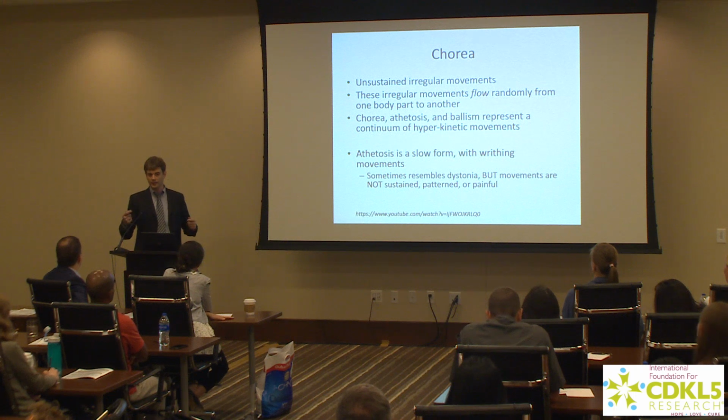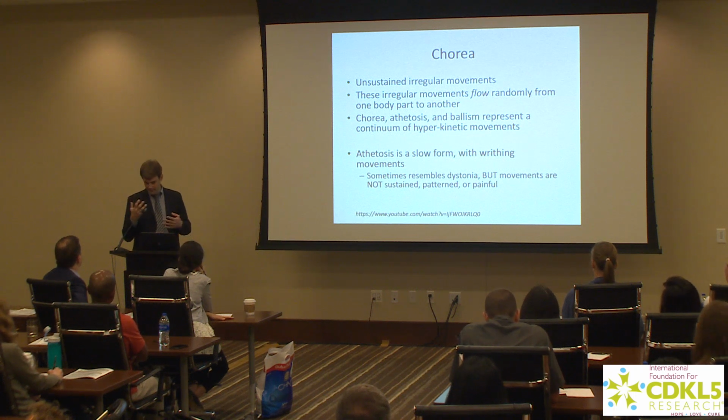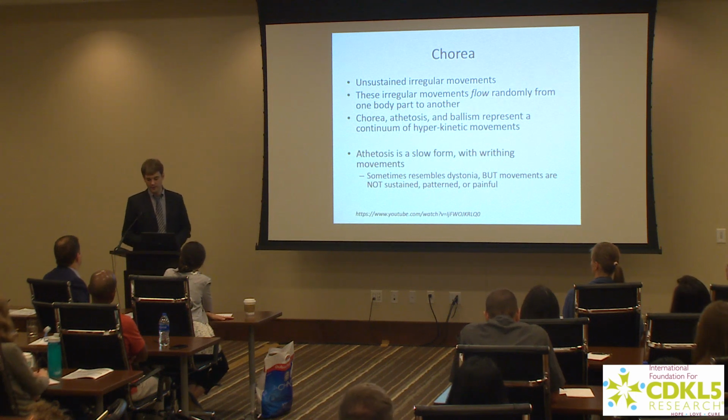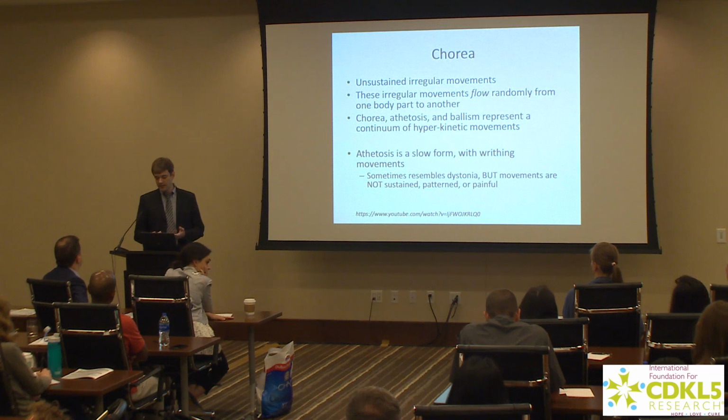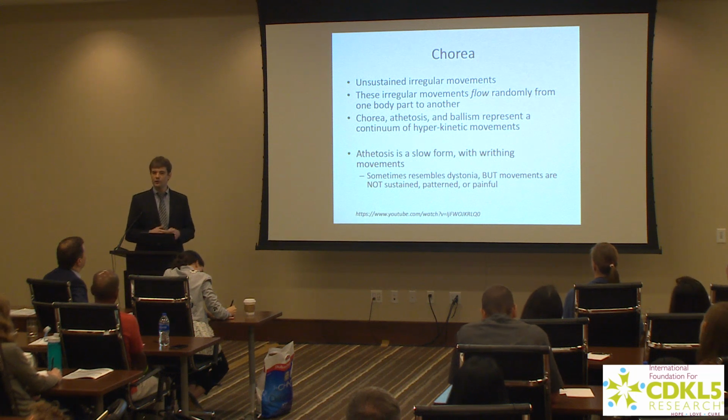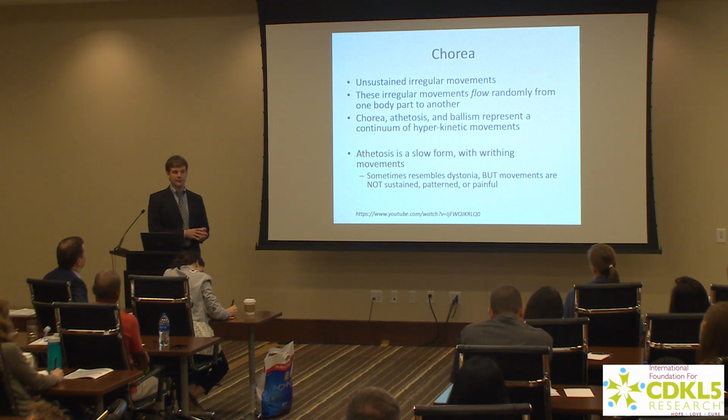So the limbs or the face are not parked or maintained in a certain position, but chorea describes ongoing irregular movements that characteristically are supposed to sort of migrate, flow from one body part to another.